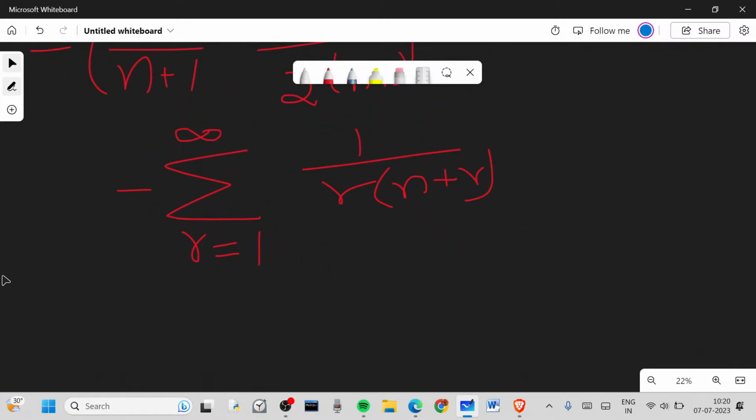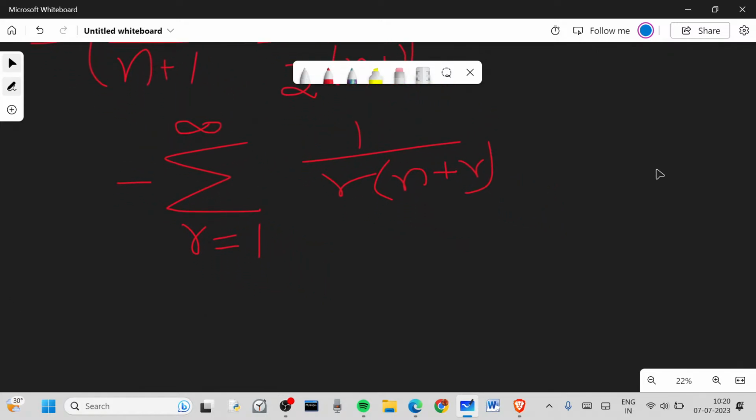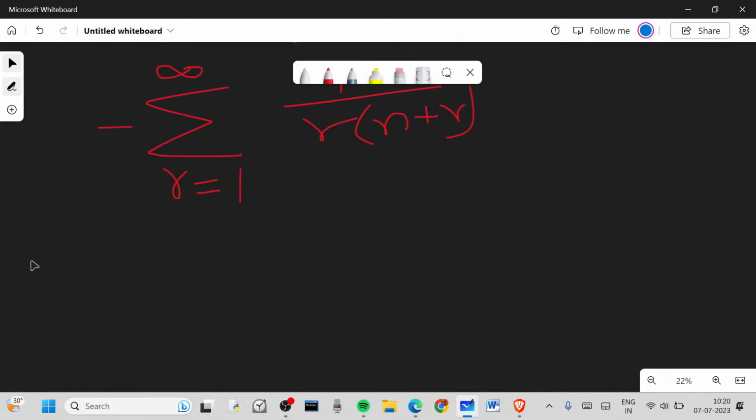It somehow feels like the method of differences, like a telescoping sum.